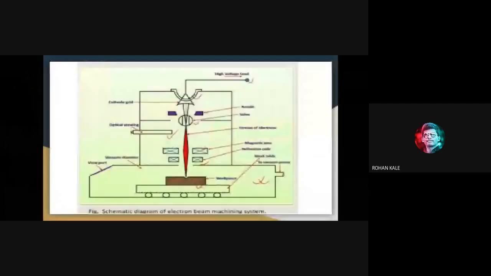Now, how is the molten or vaporized material ejected from the workpiece surface? That question arises because after machining, the molten or vaporized material will be there on your workpiece surface.